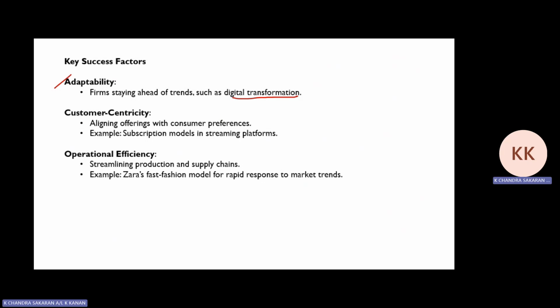So which industry is booming now? The streaming industry. You watch streaming, right? Movies, Netflix, Amazon, millions of people are subscribing to these kinds of services. So they are booming.